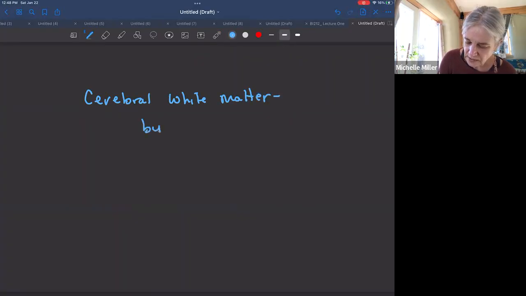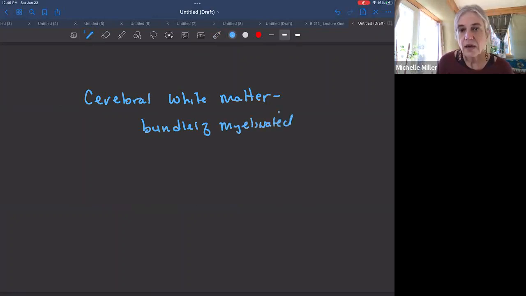These are bundles of myelinated axons. Oops, something happened here. My screen sharing stopped somehow. Bundles of myelinated axons, and they're called tracts.